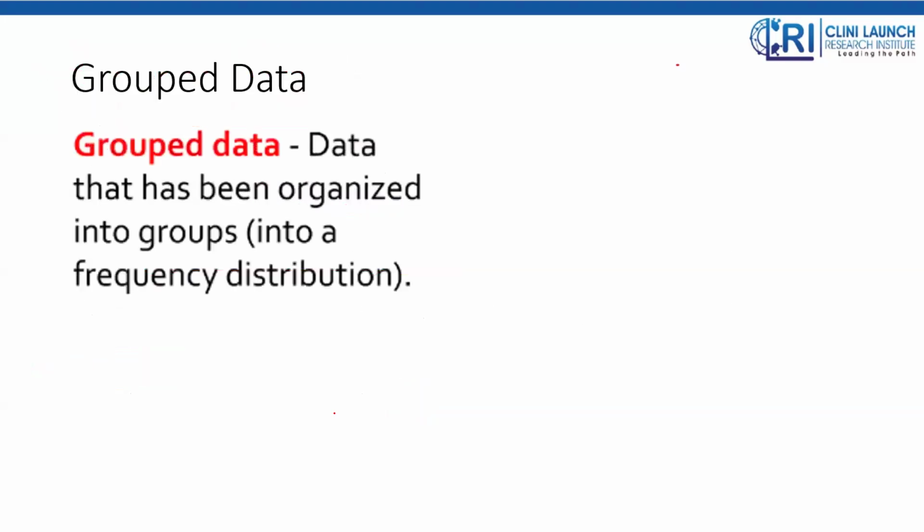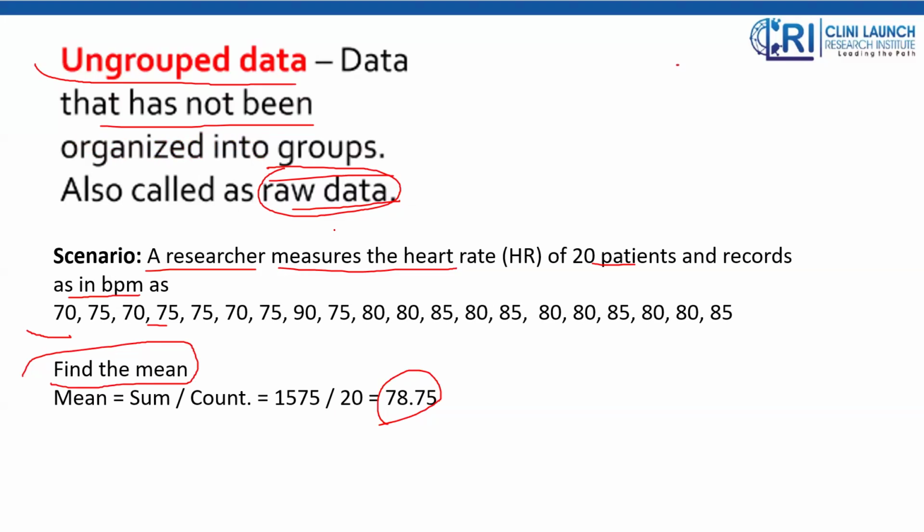Now the same data, if I want to organize into some groups. This is unorganized, no? This is ungrouped. If I want to organize, I want to tell how many of them got 70. 1, 2, you count here. How many of them got 73? And I think 3 people got 70. So like that, I'll count how many people got 75, how many people got 90, how many people got 85.